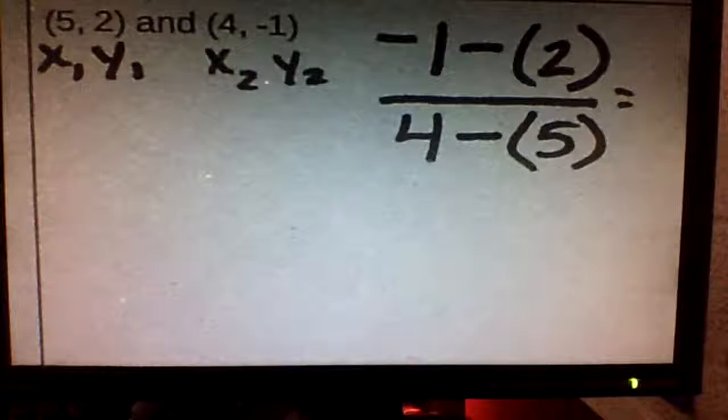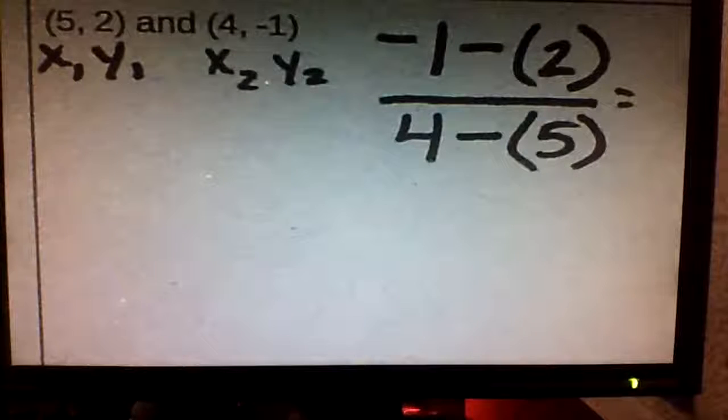So, Sabi just asked, can I do it this way? Where on the top we use 2 minus negative 1, and in the bottom we use 5 minus 4. Watch what happens, because it'll come out to be exactly the same.